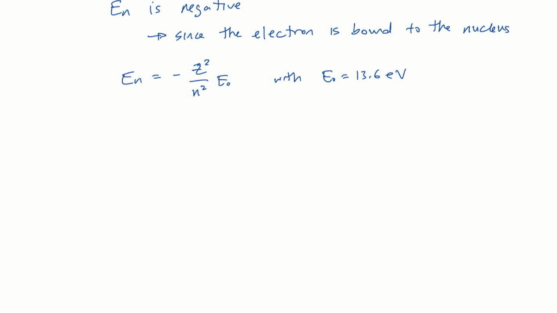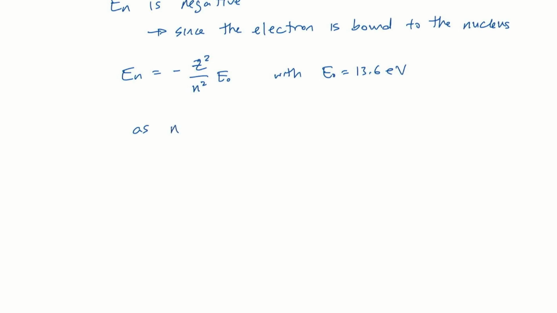Okay, so now as n gets bigger, we see the E sub n gets smaller and it gets closer to 0. So E sub n gets closer to 0. And when it does become 0, it would be a free electron with 0 kinetic energy. And that is also because as n goes to infinity, the potential goes to 0.